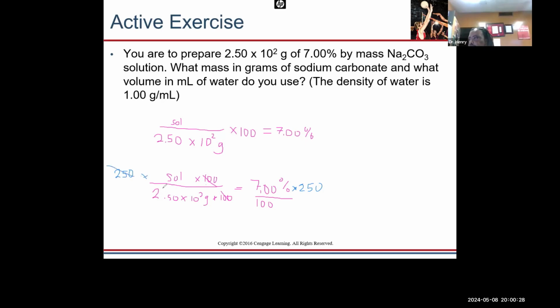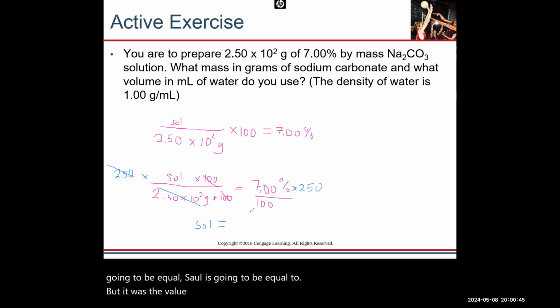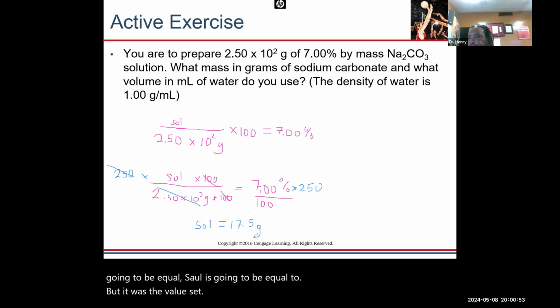So that 250 is going to cancel out the 250 down here, and sol is going to be equal to 17.5 grams.